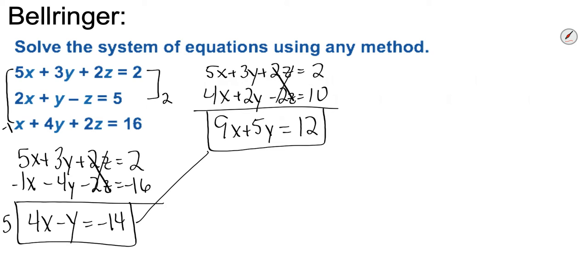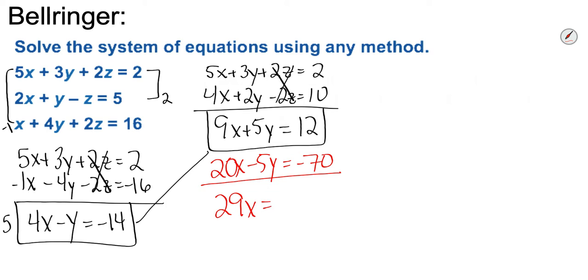So 5 times 4 is 20x minus 5y is equal to, so 5 times 14 is a 70, so -70, and we're just going to add those two equations together. All right, so we have 9 and 20, that's 29x. 5 and -5, the y's are gone, which is what we wanted. And then we have a -58 over here when we add those together.